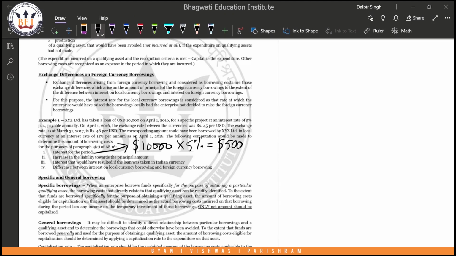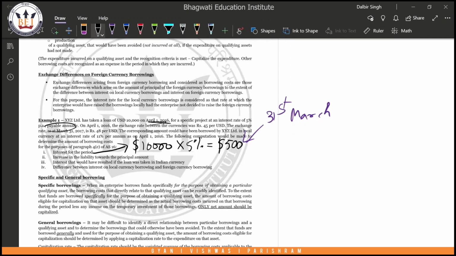Why am I taking it annually? Because I have taken the loan on April 1. They said payable annually, which means when am I paying this? I'm paying this on 31st March. That is when I am paying that. So now my liability of that interest as on 31st March is 500 USD for interest.